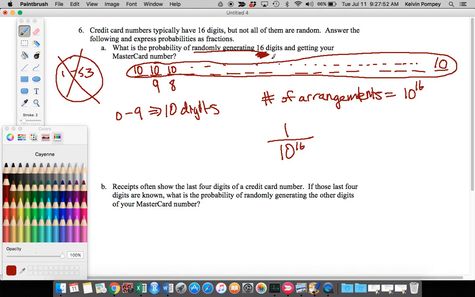Receipts often show the last 4 digits of a credit card number. If those last 4 digits are known, what is the probability of randomly generating the other digits of your MasterCard? The only difference here is that instead of having 16, we already know that the last 4 are like 1, 2, 3, 4, but we still don't know the other 12, right?